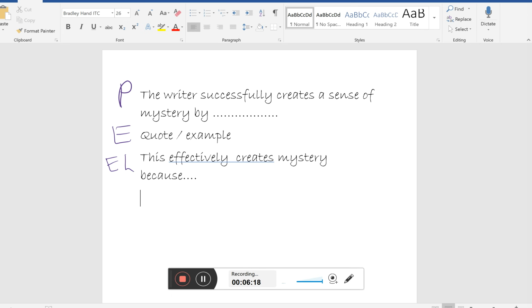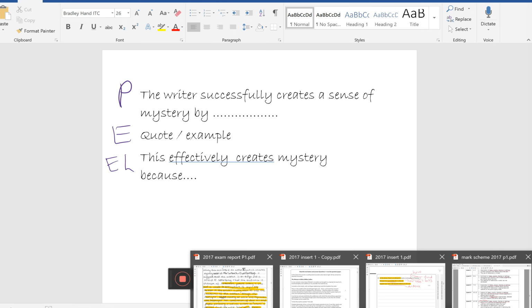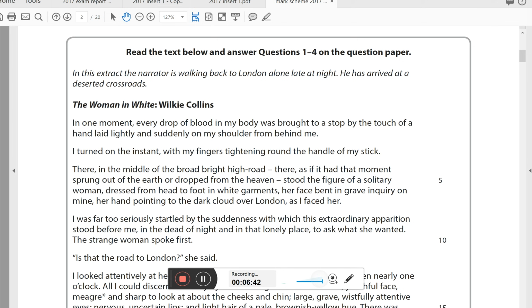We've already linked in the point, but there's no harm in over-egging the pudding and making sure that you use another evaluative word. So in this case we use effectively, making it really clear to the examiner that you're answering the question.